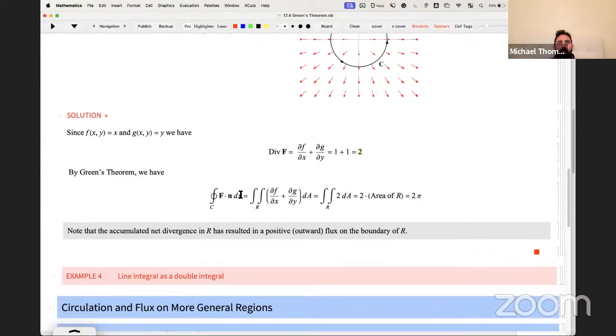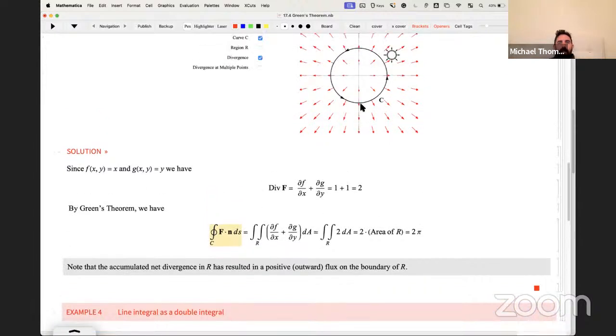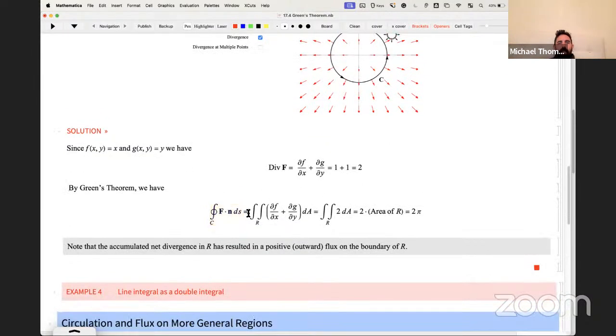Okay, so let's use Green's theorem. Green's theorem says that if you want to calculate the flux on C, which we already found was 2 pi, we can instead do the right side of Green's theorem, which basically says we can add up all of the divergences at every point inside. All of the divergences are 2, so we'll just integrate the 2 function over R, which is a unit circle of radius 1.